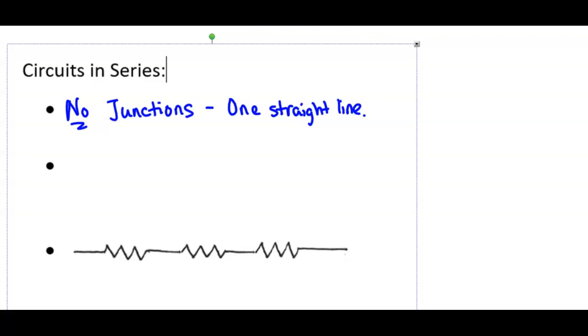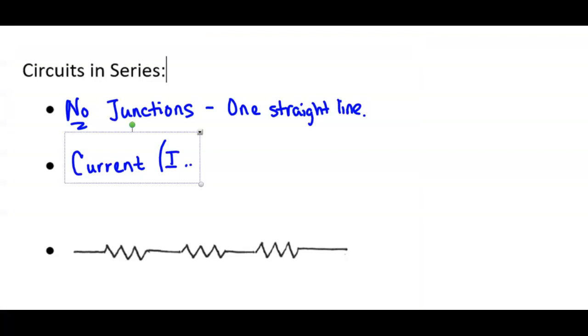Okay? When we're talking about a circuit that is in series, the current, which is the letter I, with units of amps, stays the same the whole time.